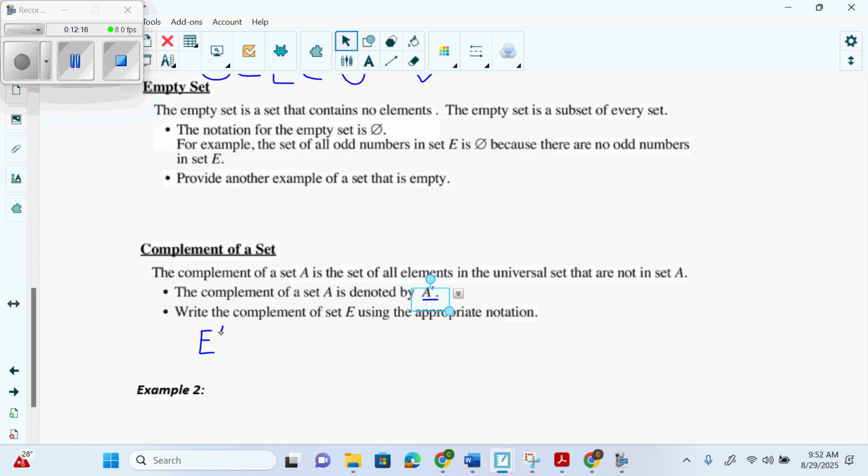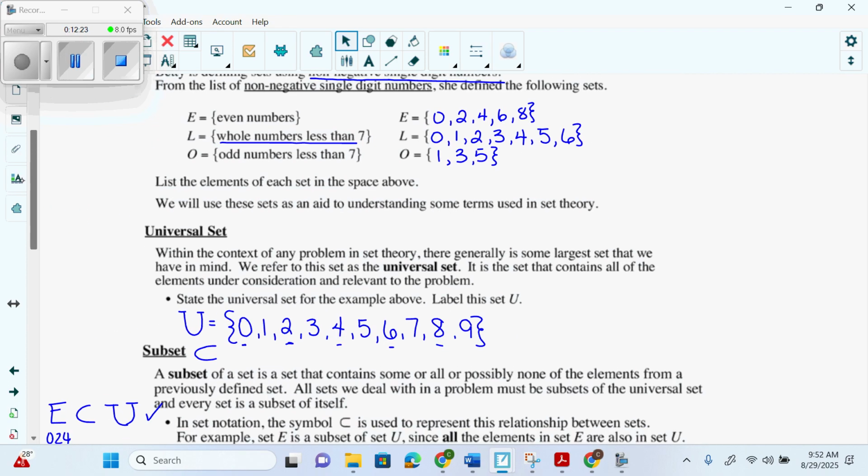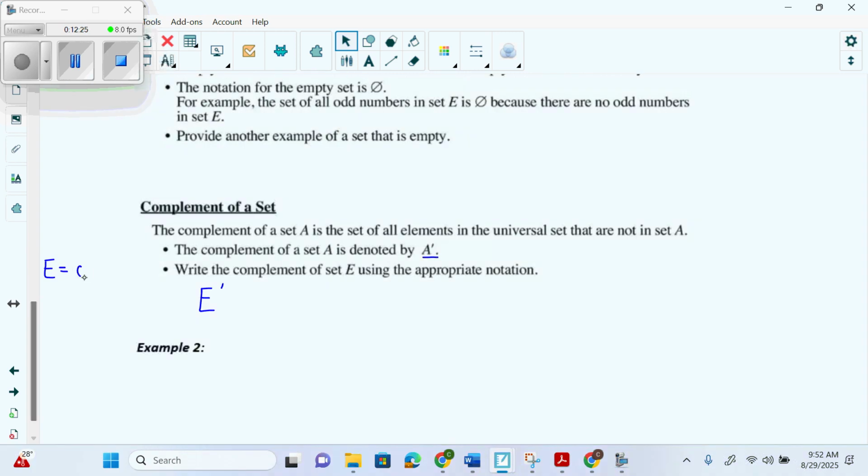So for example, what's not in E? Well, in order to state what's not in E, let's state what is in E. E has, you have it above, you don't have to state it. Mine's just really high, so I'm going to rewrite it. 0, 2, 4, 6, 8. And then we have some big universal set. Universal set is the single digits.